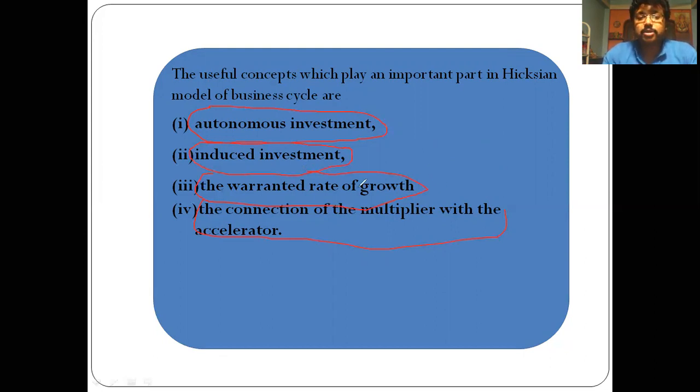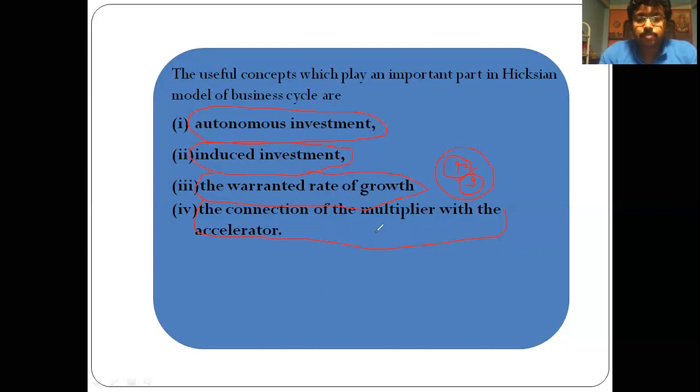This is the warranted rate of growth. According to Hicks, the warranted rate is nothing but s by v, where s is the marginal propensity to save and v is the capital output ratio.